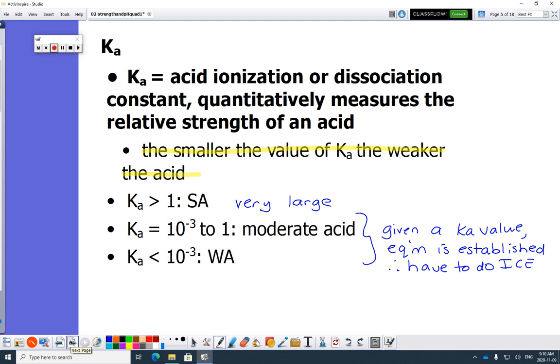And pH literally stands for the P is the power of the hydrogen ions. So if there are more hydrogen ions, then the pH is going to be more acidic and low. So if you have a very small Ka, then you have fewer ions, which means less acidic.